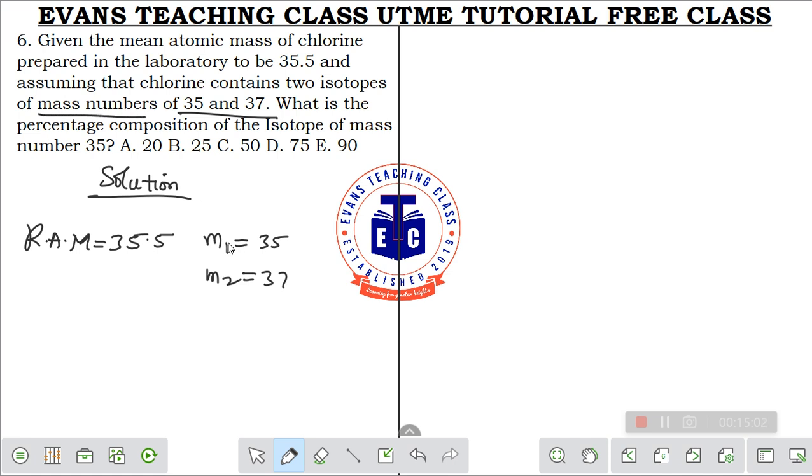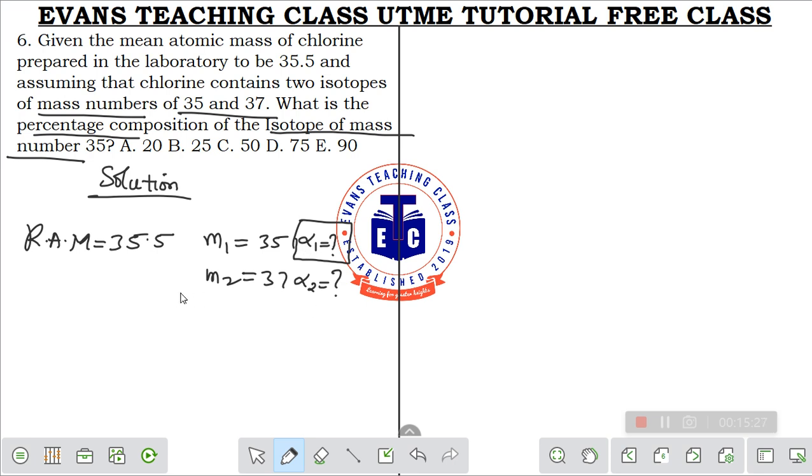So we assume one of them is 1, and the other is 2. They now ask what is the percentage composition of the isotope of mass 35. So they ask us to find the percentage composition. Let's represent that with alpha 1, and let's represent the 37 with alpha 2. So what we are looking for mainly is alpha 1.